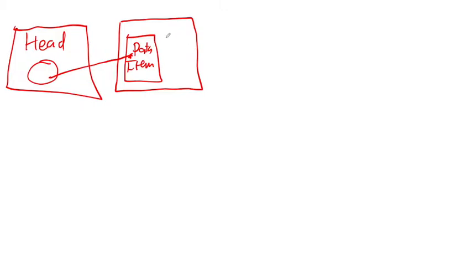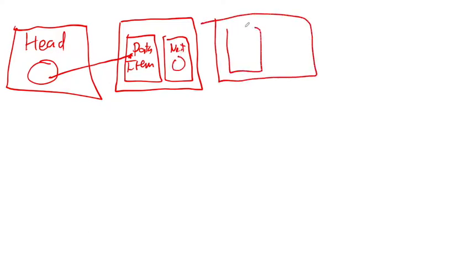And this node has another pointer which points to the next node. So it just goes on and on and on.